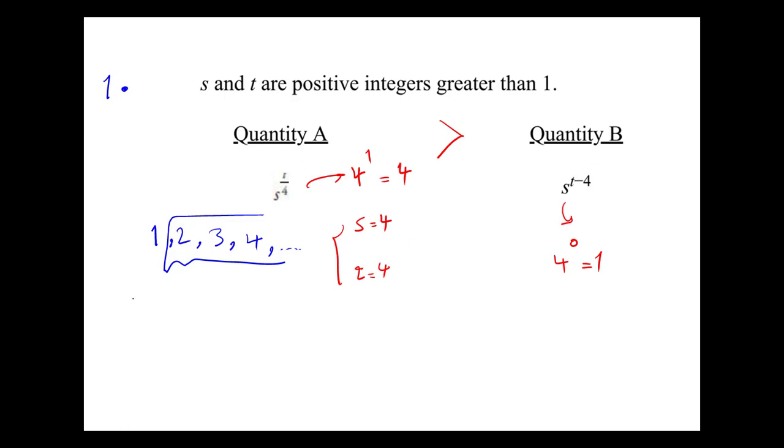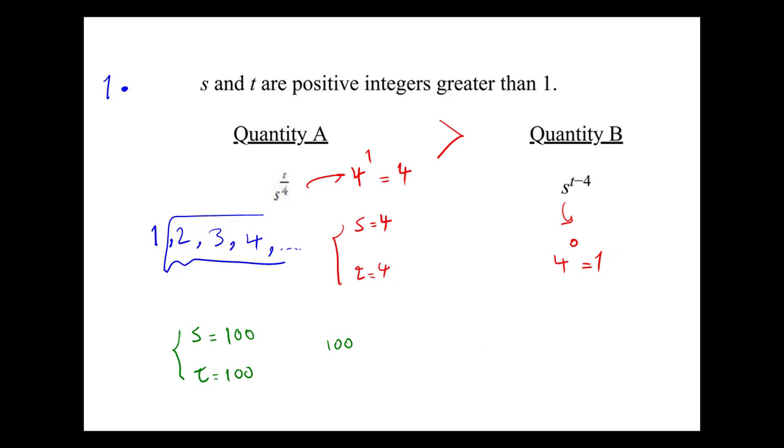But we shouldn't jump to the answer. Most people make the mistake that if they find this one is bigger, they choose A. But let's try another thing. For this kind of question, you should pick one small number, for example 2 or 3 or 4, and one very big number, another border. I will choose 100 for S and 100 for T. So S is 100 to the T over 4.